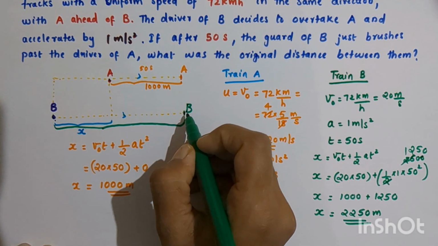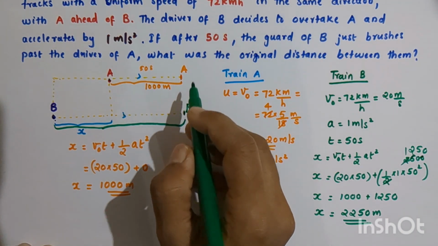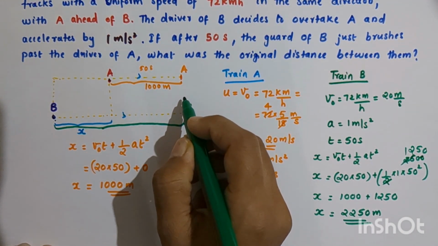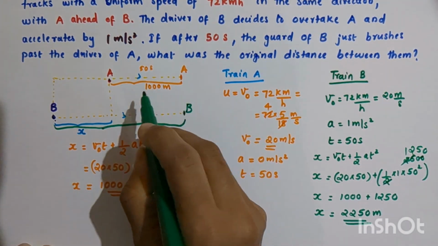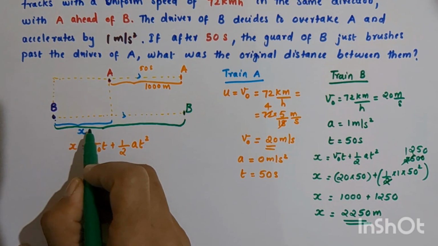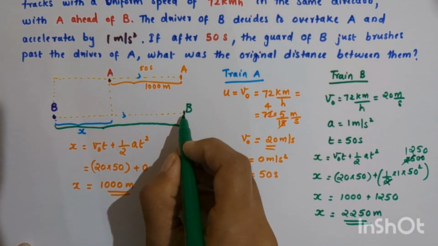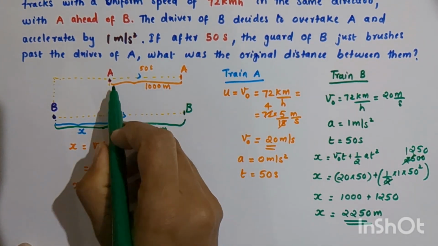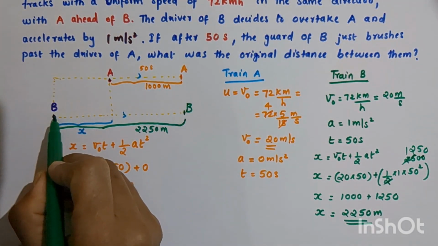So the guard of B just brushes past the driver of A. That is, both reach the same position but on different parallel tracks. We want to find this distance x. How can we find it? From here to here, the distance is 2250 meters. From here to here, it is 1000 meters. We want to find this x.